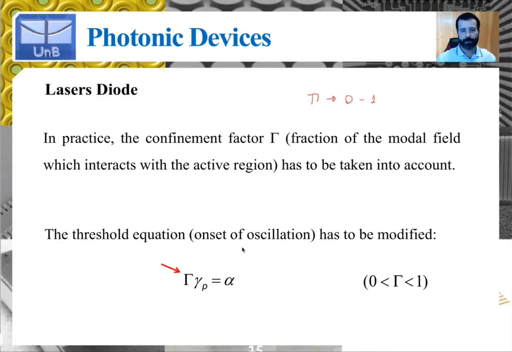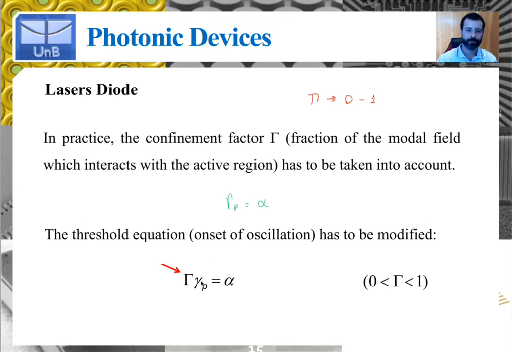And we can readily see that if before the condition for gain was that the gain coefficient gamma p was equal to the attenuation constant alpha, now if only a fraction of the electromagnetic field is interacting with the gain region, then we cannot use the gain coefficient itself here.